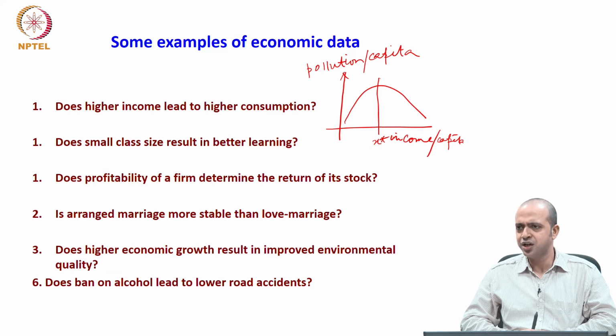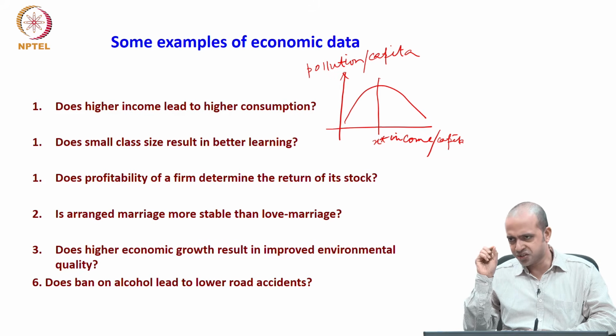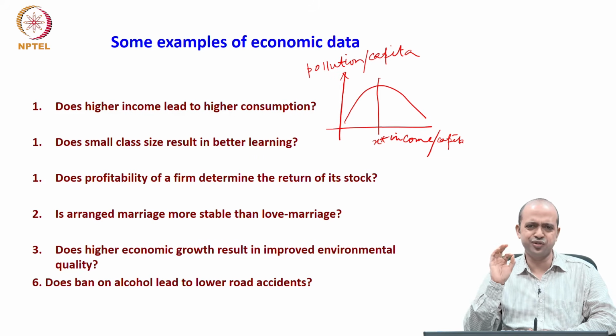They are representing different types of social problems that we would like to answer. So it is not confined only to a set of particular variables like GDP, rate of interest, inflation and all.